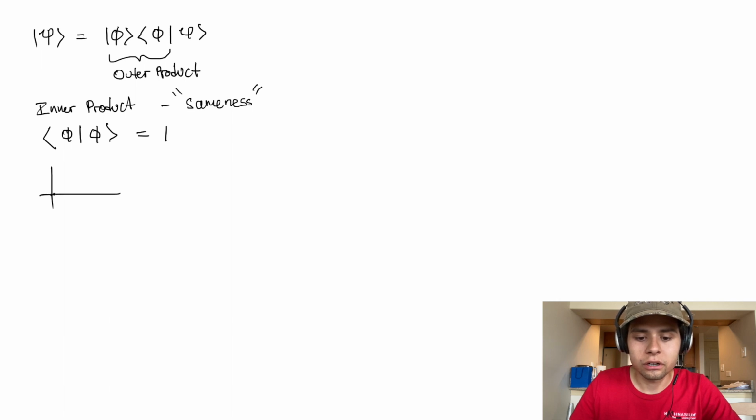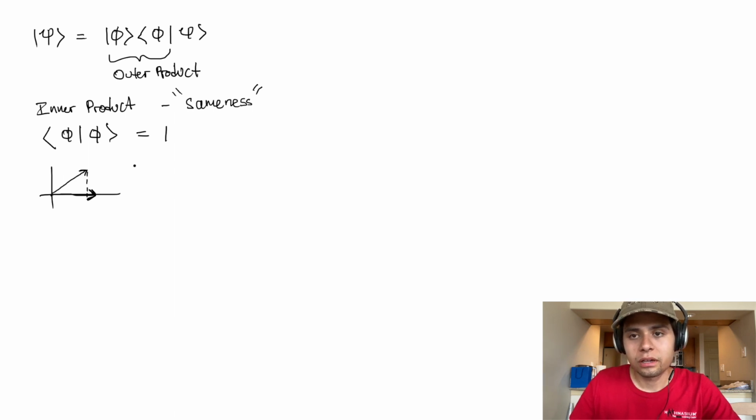Say our initial vector lay on the x-axis, and then we rotate it, and it looks like this. Now the x component of this final vector is a little bit less than the x component of the initial vector, and that's taken into account when we do the inner product.